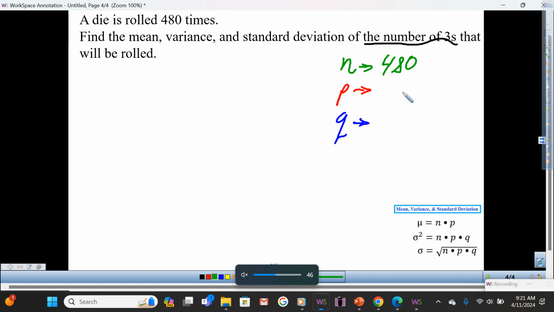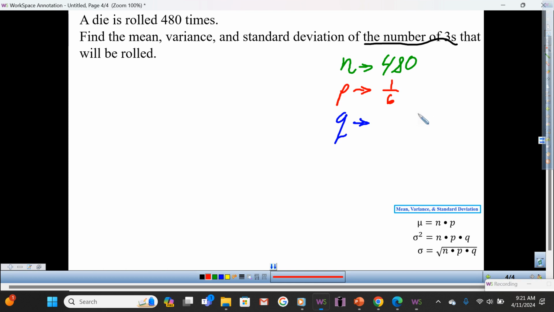So think about it. What would be P? Tell your neighbor. What would be P? P is, Lenny, pass someone. It's a die. 0.16 or 1/6.